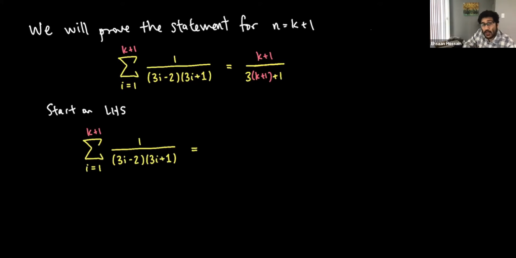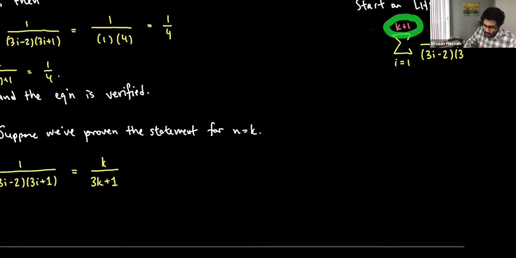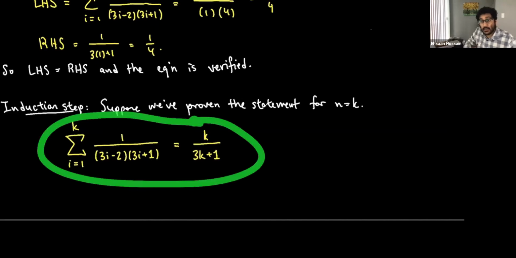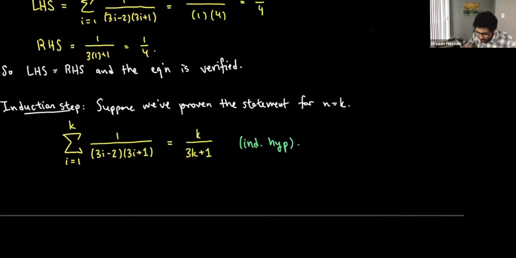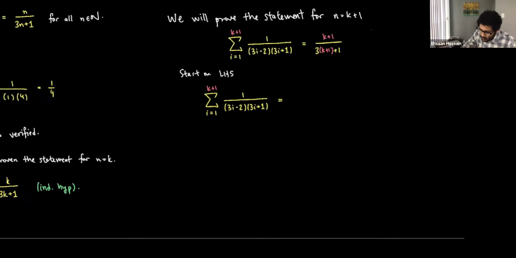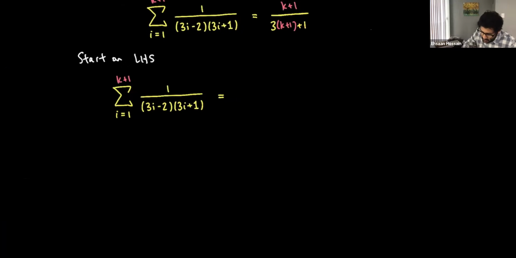What I'd like to do is extract the k plus 1 term, because if I do that, all that'll be left is the sum up to k. And I know something about the sum up to k. That is the induction hypothesis. I know something about the k case. So why don't we extract the k sum?